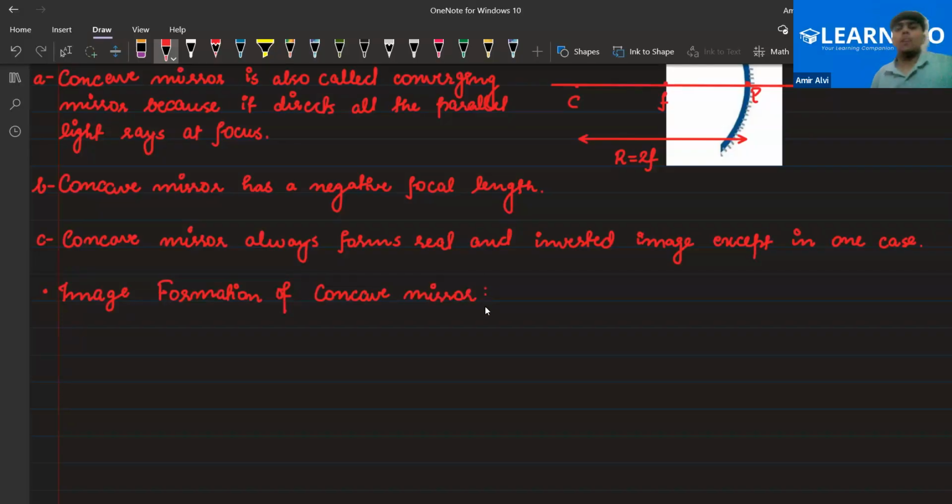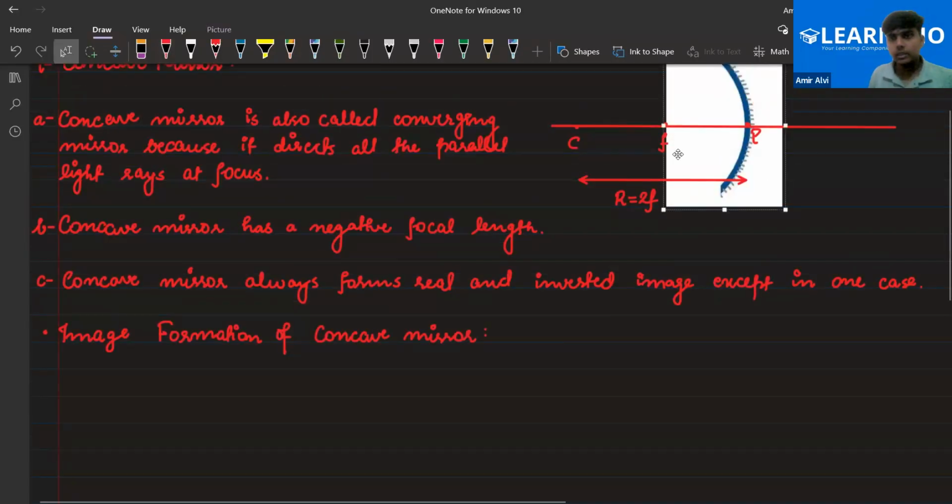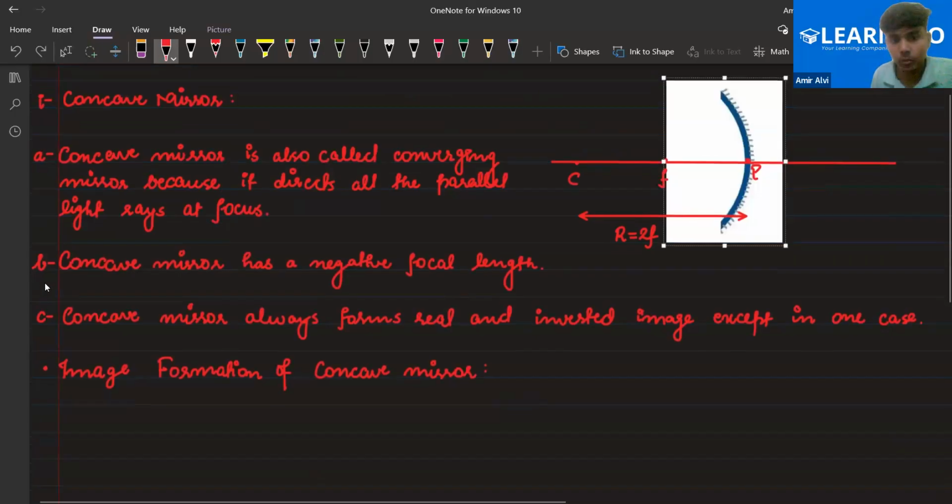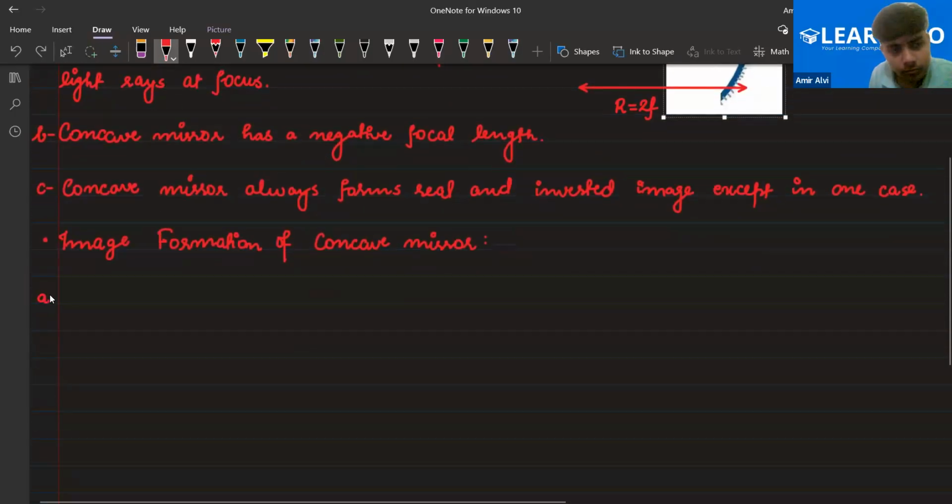Okay. So let's talk about the cases one by one. The first case is basically at infinity. There are 6 cases. We are going to discuss them one by one. Okay. And the object is at infinity.